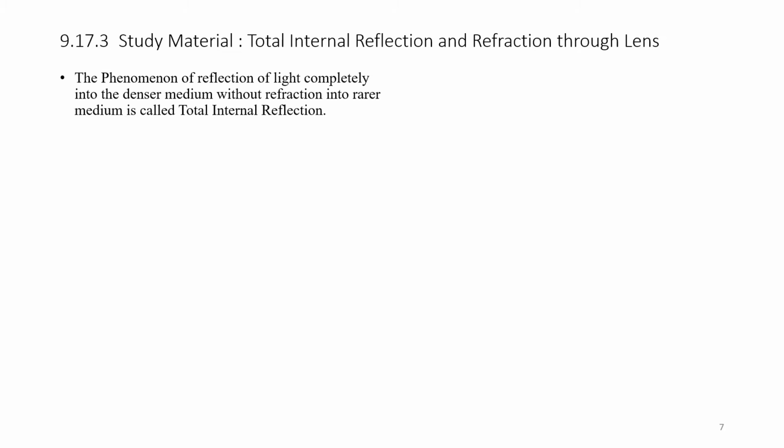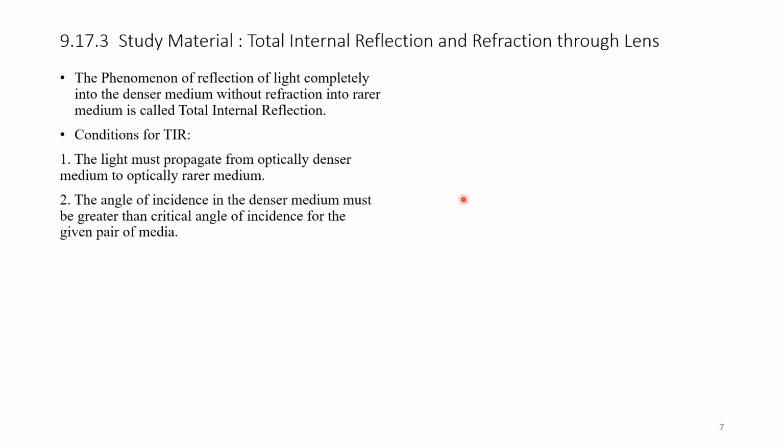I will read this once again: the phenomenon of reflection of light completely into the denser medium, without, please note, without refraction into the rarer medium, is called total internal reflection.